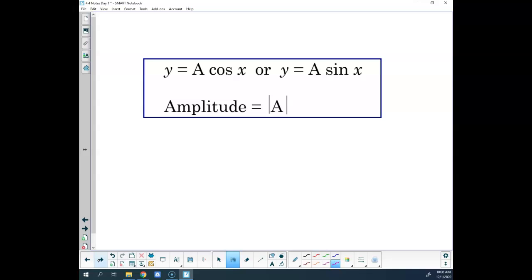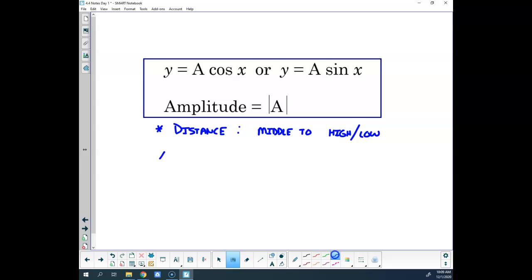Again, our amplitude A is a distance. So since it's a distance, it is always positive. Middle to either the high point or the low point. That's what the distance is.